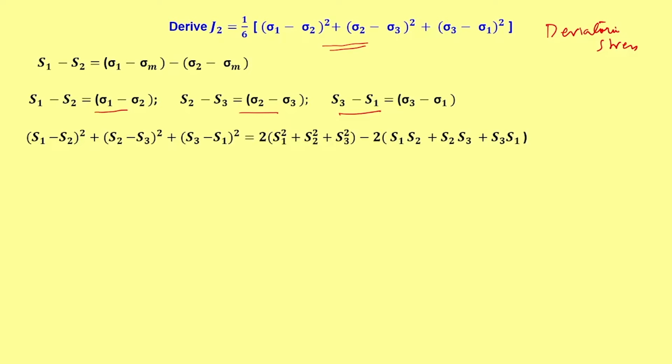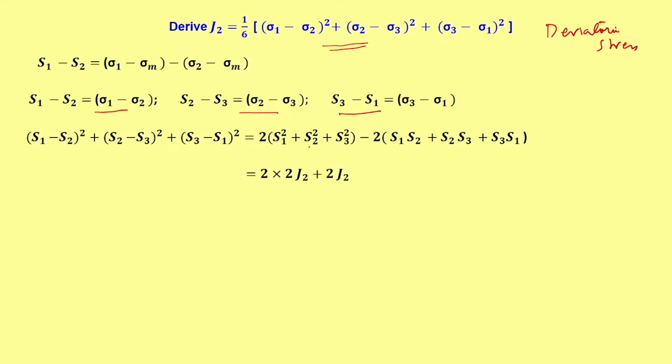So, if you write S1 minus S2 square plus S2 minus S3 square plus S3 minus S1 square, that will give us 2 into S1 square plus S2 square plus S3 square minus 2 into S1 S2 plus S2 S3 plus S3 S1.